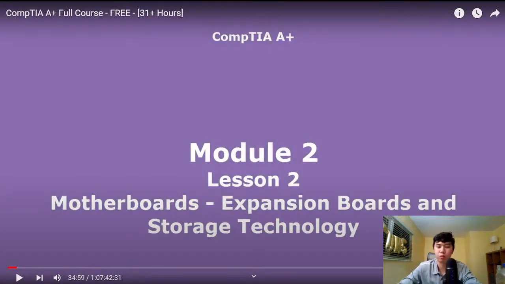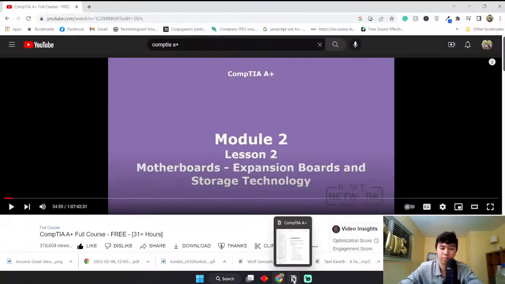Motherboard, expansion boards, and storage technology.